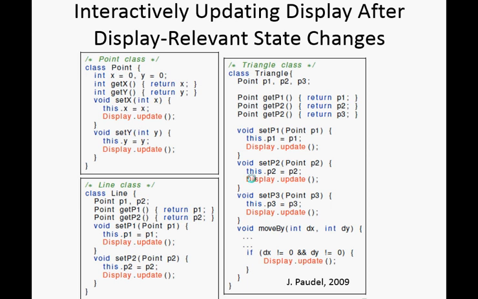So in these cases where we're performing these updates, we're going to have this call to display update, which is basically going to refresh the current display so that it stays current. It reflects the latest locations of the points, the lines, and the triangles, ladies and gentlemen.